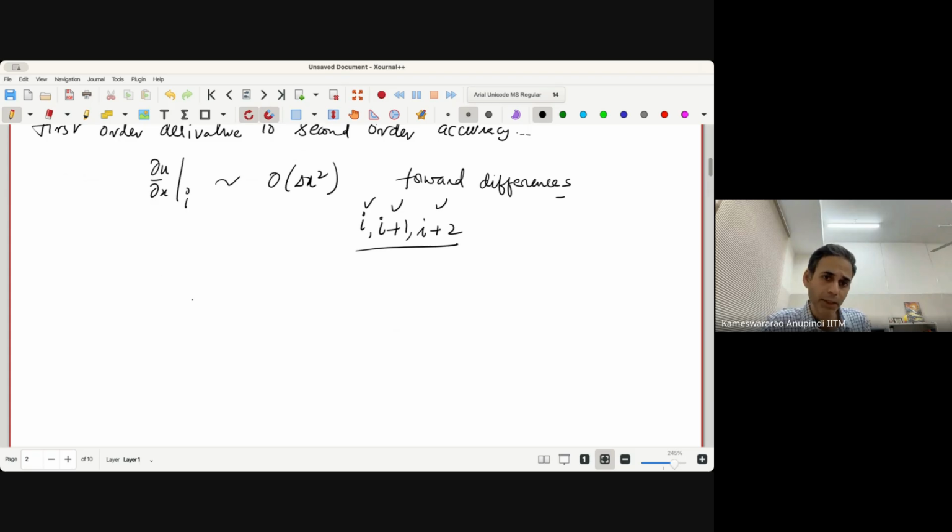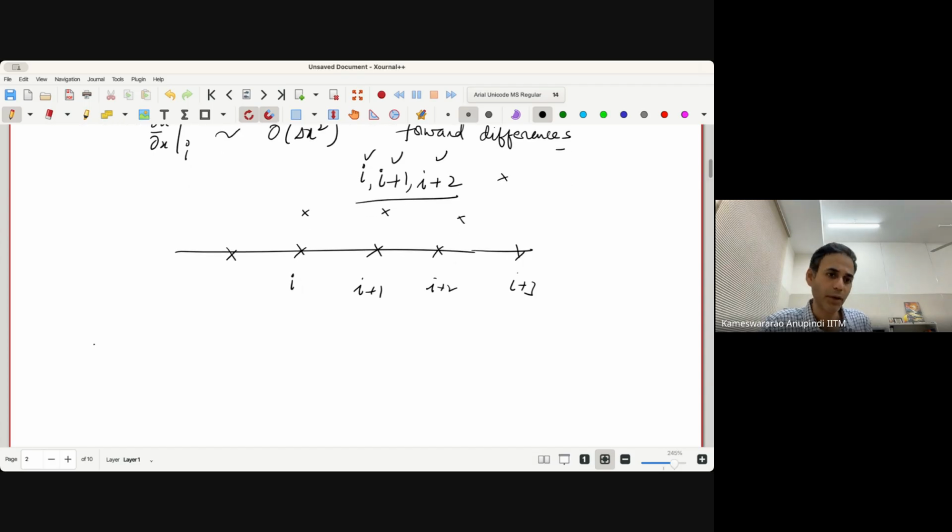So if that is the case, we have our grid. Let us say this is i, this is i plus 1, this is i plus 2, and i plus 3, and then we have some values ui plus 1, ui plus 2, and so on. Just like before, let me write ui plus 1, which is the value of u at xi plus 1, using Taylor series expansion.